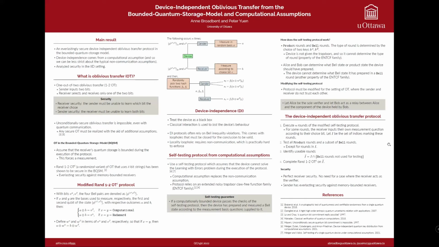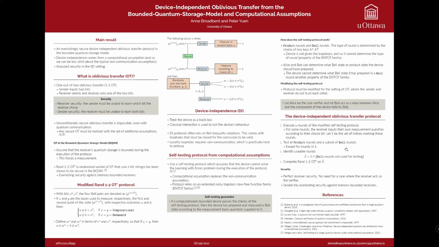But since Alice is generating all the input, the receiver can't use all the input generated by the sender. So for some rounds, the receiver is going to do their own thing, that is, measure according to their own basis that's determined by their choice bit. And they'll mark these rounds and let them belong to a set I.